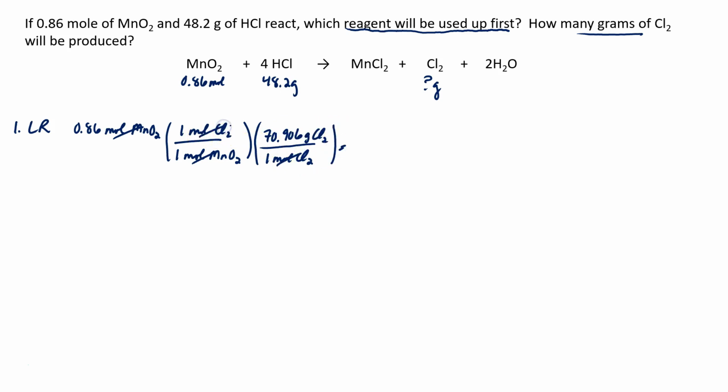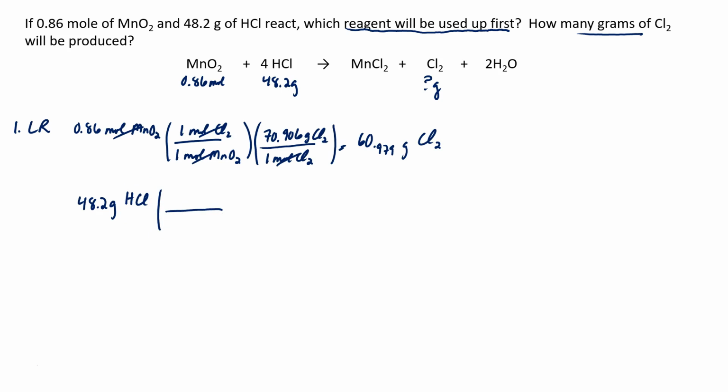So if manganese(IV) oxide is the limiting reactant, we could make 60.979 grams of chlorine, but I have to test the other reactant, and that's HCl, which they gave us in grams. So 48.2 grams of HCl. I have to convert to moles.